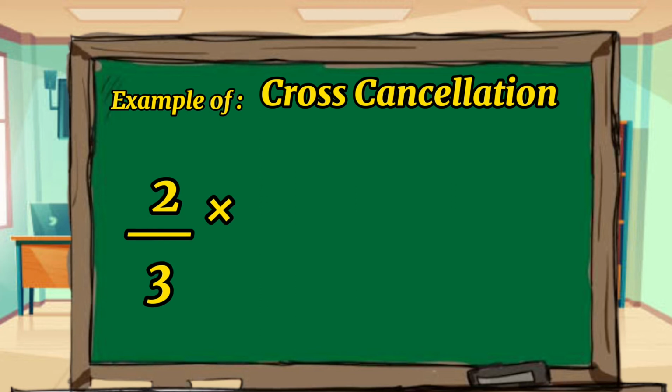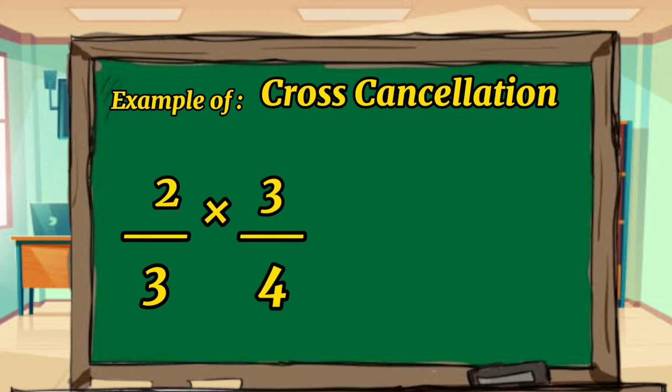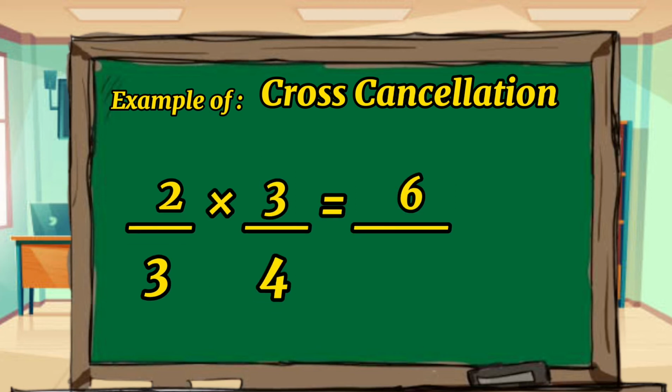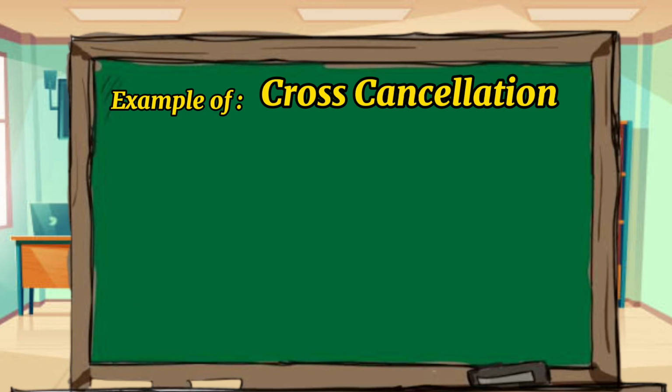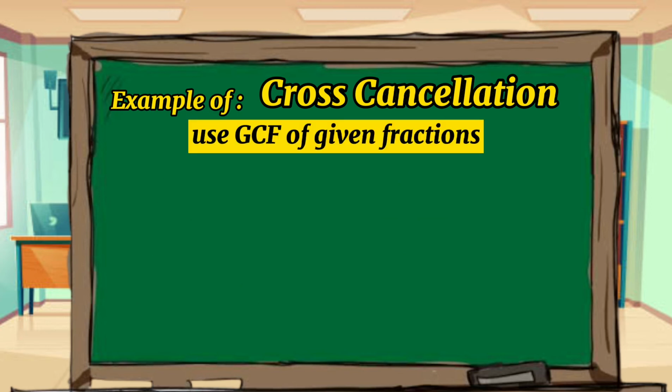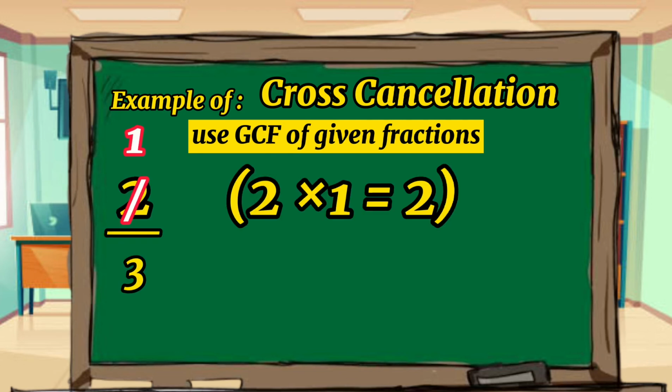2/3 times 3/4. 2 times 3 equals 6. 3 times 4 equals 12. 6 over 12 has a lowest term. Let's do the cross cancellation. Let's use their GCF. The GCF of 2 is 1 because 2 times 1 equals 2.